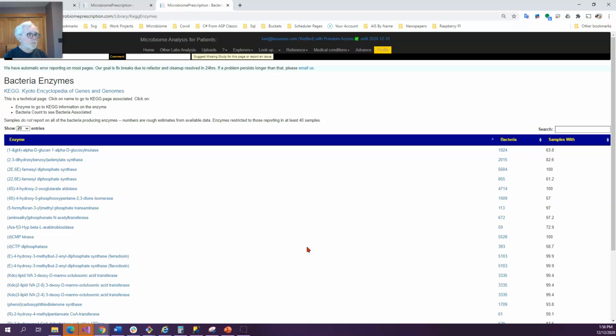And these are enzymes which at least one of the bacteria that produces it has been seen in our uploaded samples. Now, if you take a look here, you see the names. Many of them may be slightly mysterious. You will see the bacteria which the enzymes are associated with, and you see what percentage of samples has at least one of the enzymes which are listed.